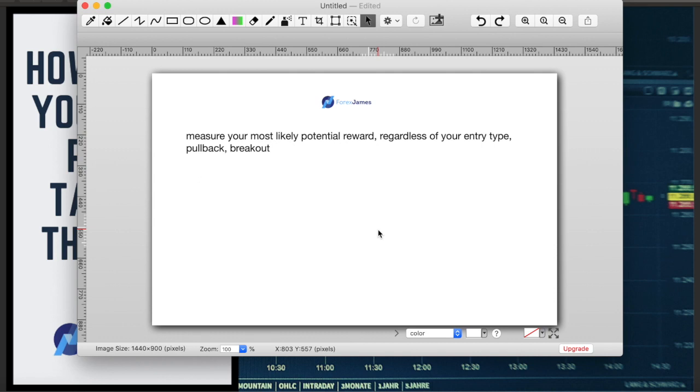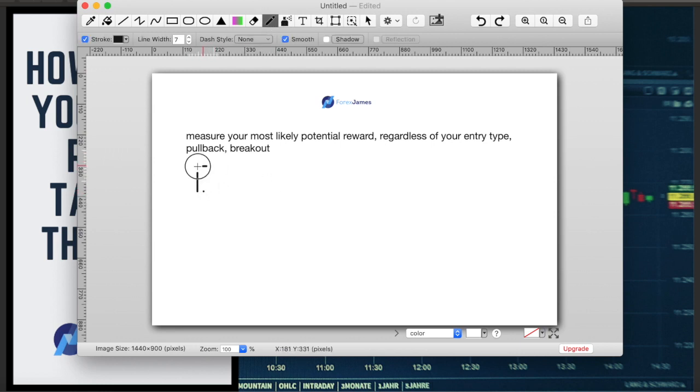With that information, I think a better approach is to measure the most likely target that's going to hit, regardless of your entry type: pullback, breakout, counter trend, or range. And in that case, it's going to be point number one.